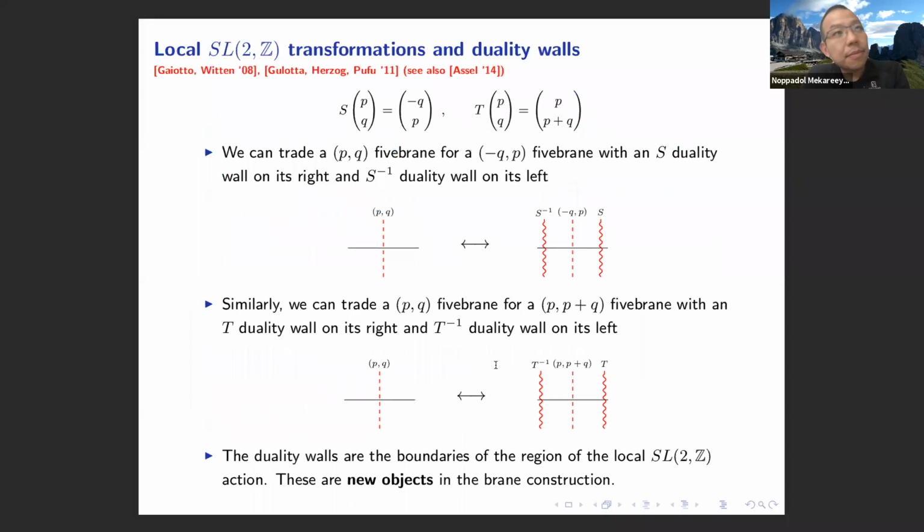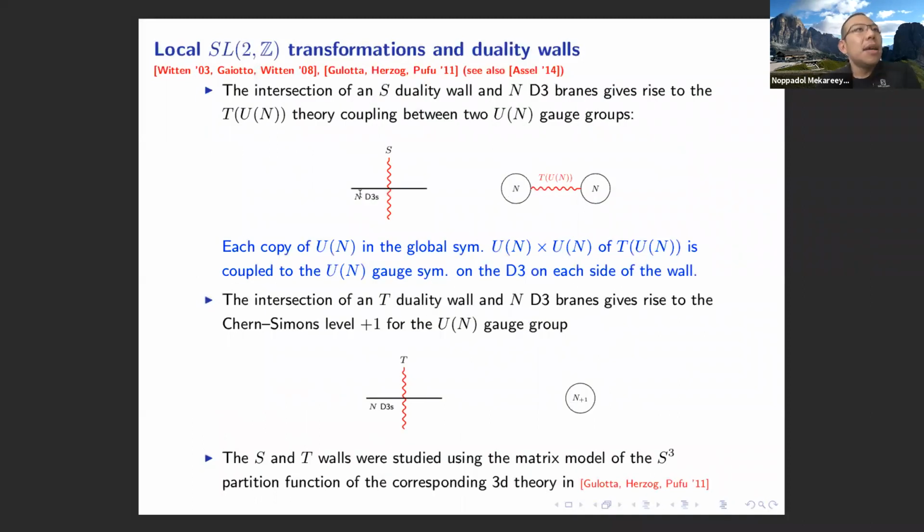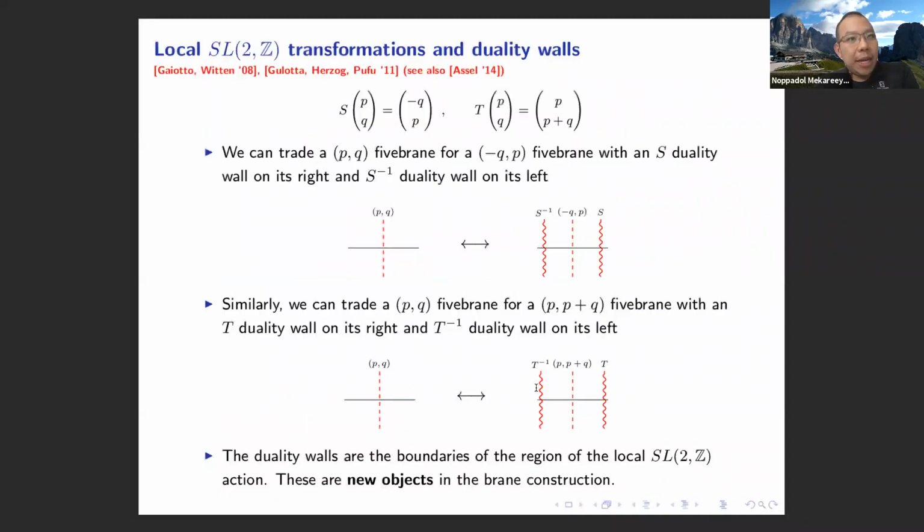So what I'm saying is that you can view the S duality wall as a new object in the theory, and indeed you can isolate this object.